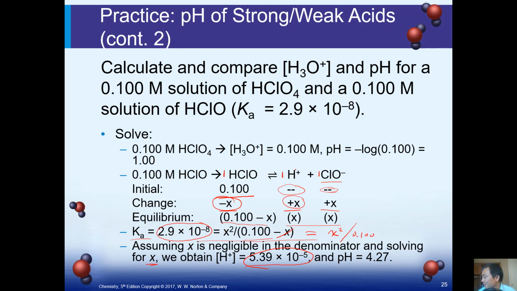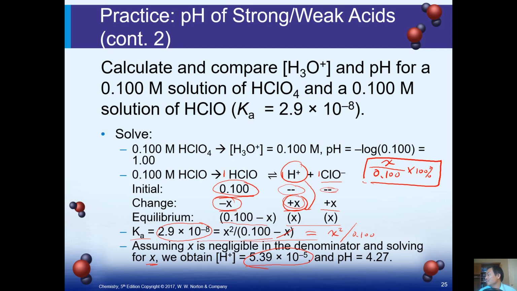The initial concentration is 0.100, and x is the ionized portion. Then this times 100% gives you the percent ionization.